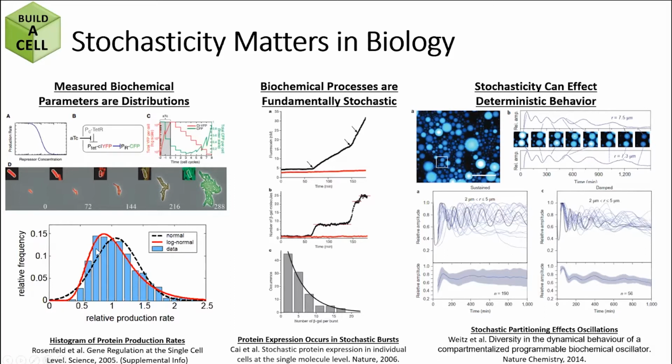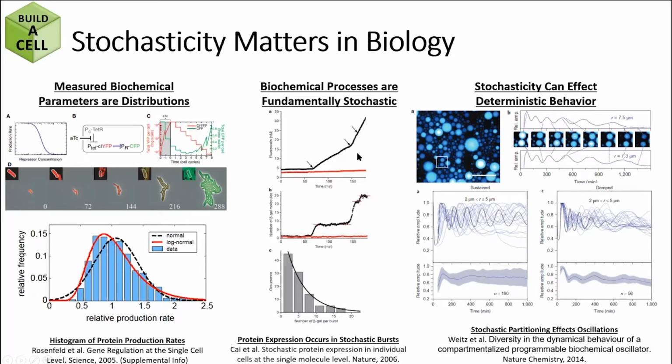And they actually measured the production rate and got a histogram of values, a distribution of protein production rates. And this distribution is probably caused by variations in the molecular characteristics of each cell, how many plasmids it has, or how many ribosomes, or something like that. So the production rate actually is a random variable, not a constant single value when you look at each individual cell.